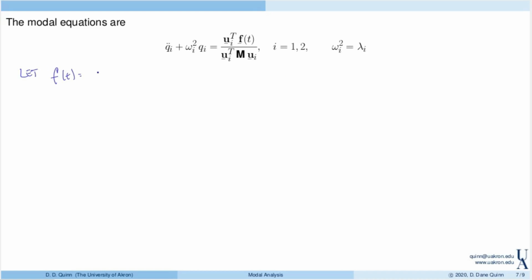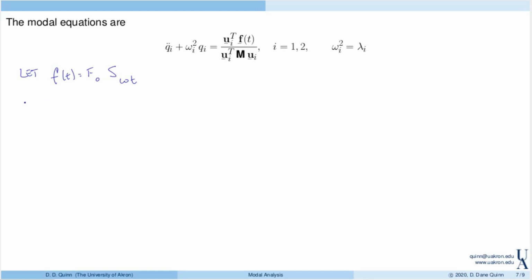So f of t is some amplitude times sine omega t, just a harmonic forcing. And this frequency is the excitation frequency, which is distinct from the modal frequencies. These are specific values that depend on the system. This is the forcing frequency that, in what we'll do, we will allow to vary and determine how the response changes.